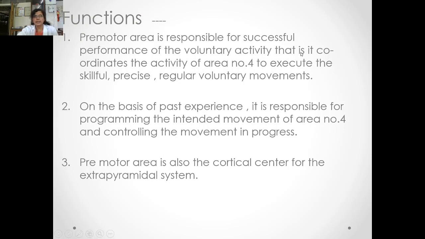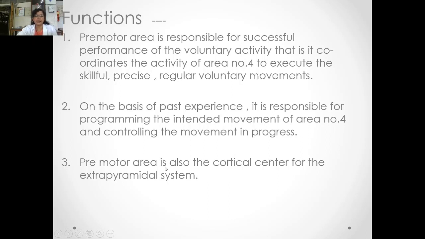That is, it coordinates the activity of area number 4 to execute skillful, precise, regular voluntary movements. So this premotor area is mainly responsible for giving the steadiness and the coordination for that skillful activity. On the basis of past experience, it is responsible for programming the intended movements of area number 4 and controlling the movements in progress.